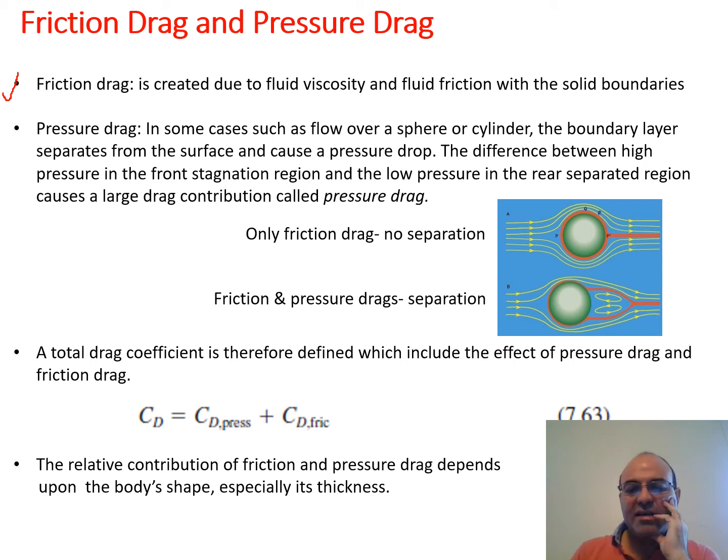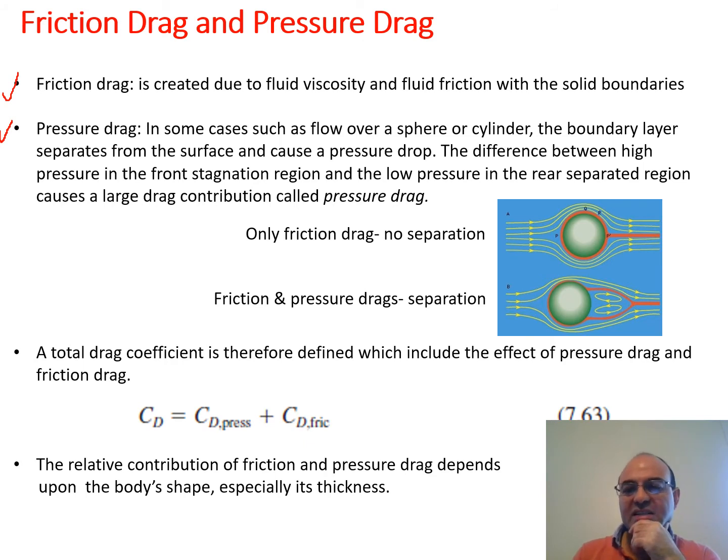There is another concept or variable to take into account, and that's the pressure drag. Pressure drag is created in some cases, such as flow over a sphere or a cylinder, where the boundary layer cannot stick to the surface or to the boundaries all the time.